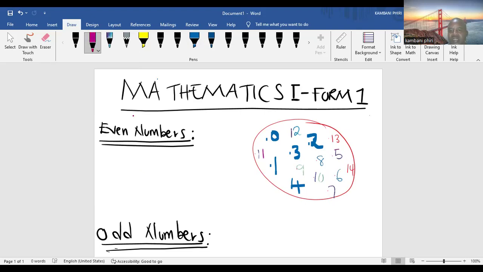From this set, we can pick 0, because 2 into 0 will be 0. All right? What else? We can pick 2. What else? We can pick 4. Next, we are able to pick 6.